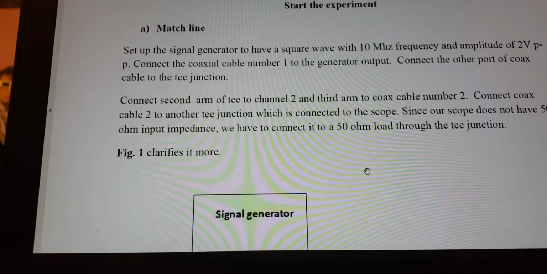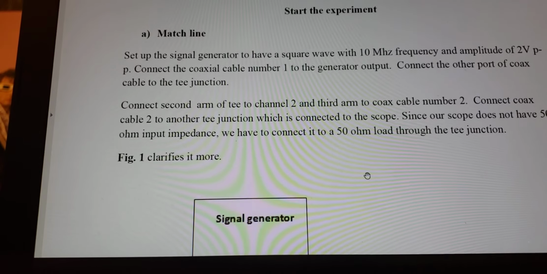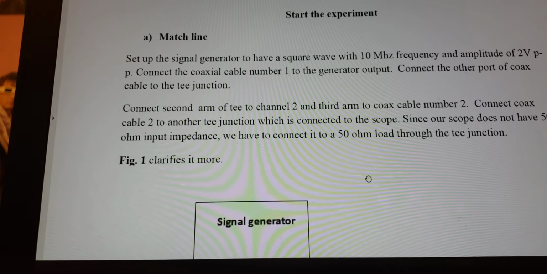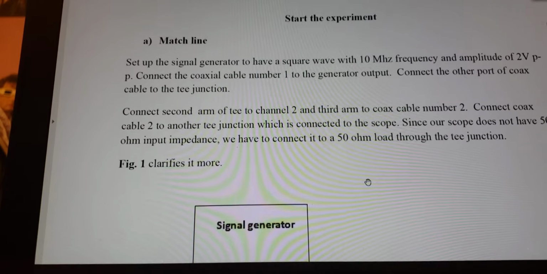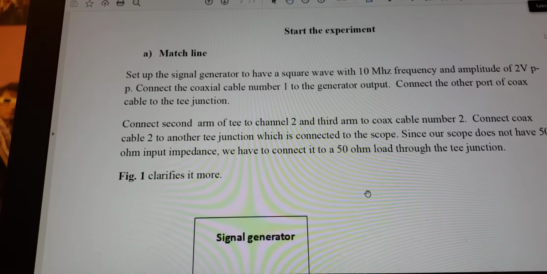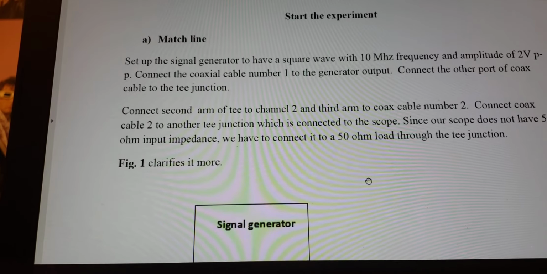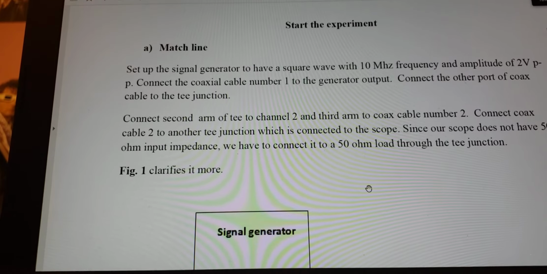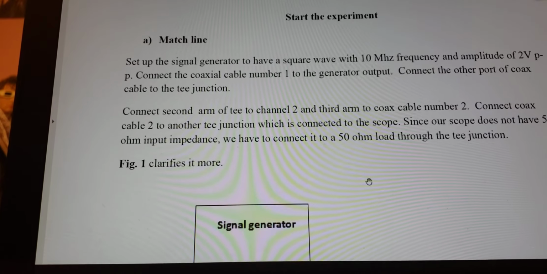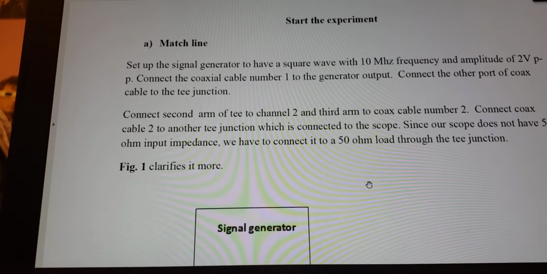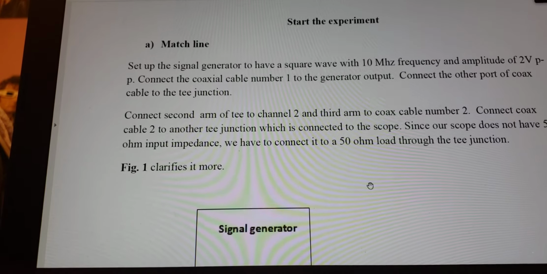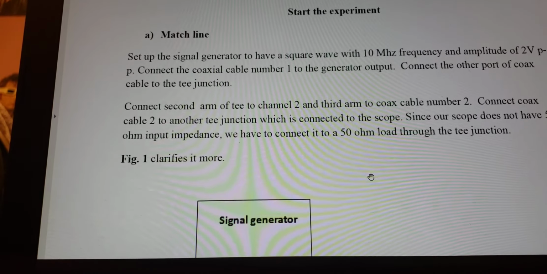If it is terminated by its characteristic impedance, then there is no reflected signal back to the source. If the load is terminated by something different than the characteristic impedance, or it is open or short circuit, then either part or all of the incident signal, or let us say transmitted signal, will be reflected back to the transmitter.